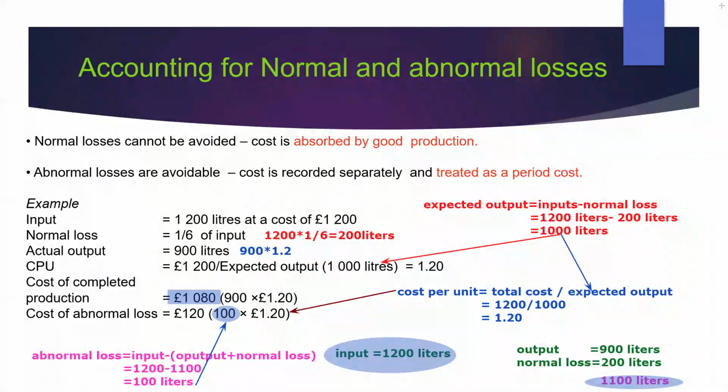Now, I hope that you can clearly understand how to calculate the expected output, then how to calculate the cost per unit, how to identify the abnormal loss, and how we are going to cost the cost of completed production and cost of abnormal losses separately.